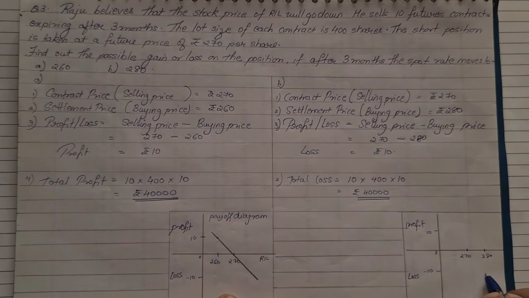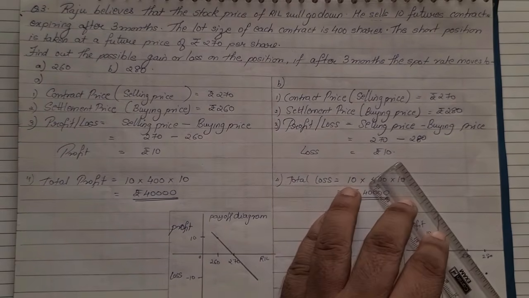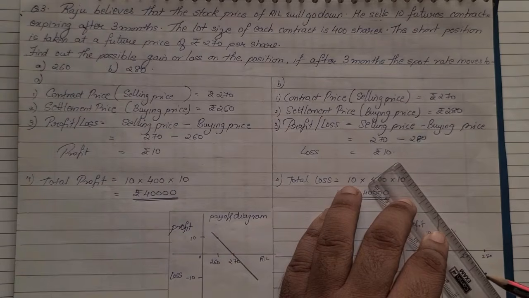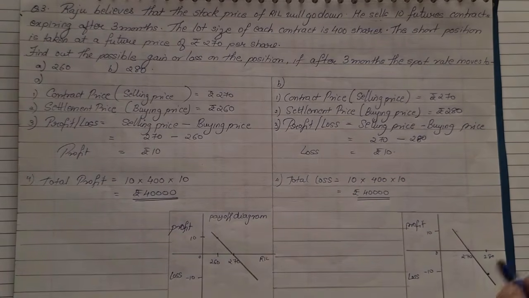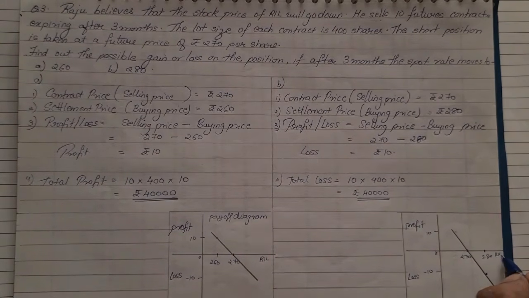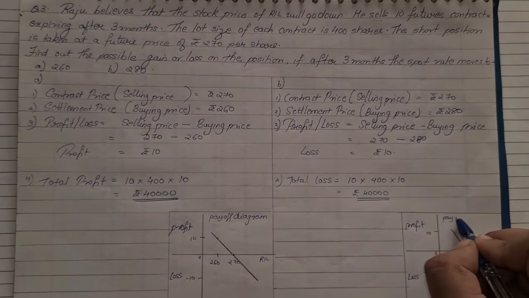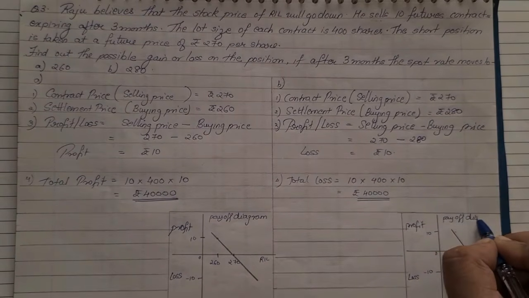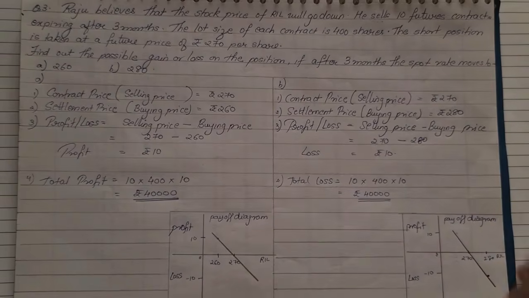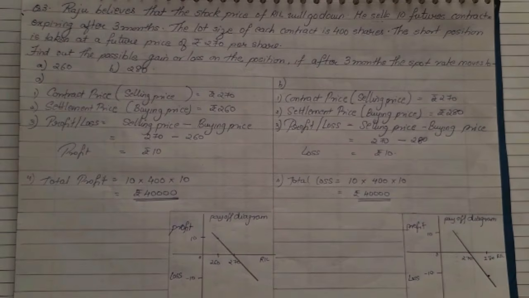On my settlement date we made a loss of 10, so I'm marking that point. From that point we will be drawing a curve passing through the contract price, and that is nothing but a payoff diagram. Okay, so these were the second type of sum that you need to cover up.